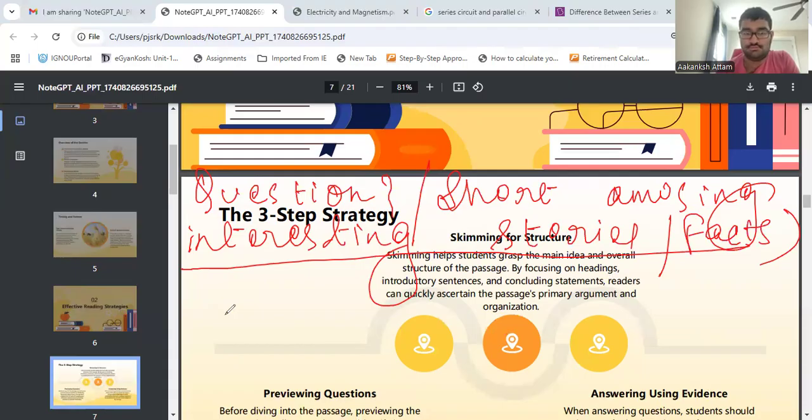So that is the reason when you are trying to skim for structure, you need to focus on headlines. And second is the introductory sentences. And concluding statements. Now, in the conclusion, we come across two things.